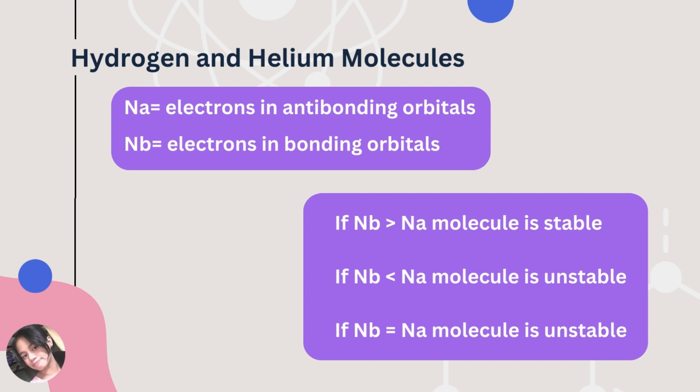And that is the only situation where the molecule is stable. Thus, in any other condition, wherein they are equal, or if the electrons in antibonding orbitals are greater, then it means that the molecule is unstable.